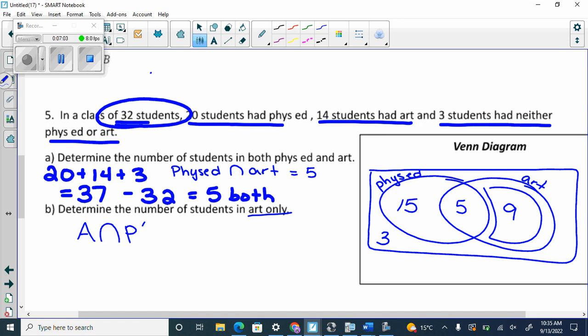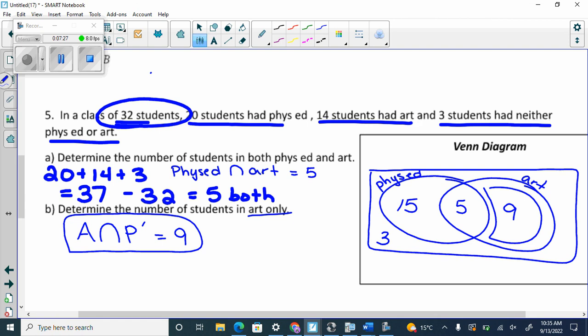You keep the letter you want, you knock the letter you don't want. So it's art, but not phys ed. The 'and' you can think of as 'but not'. Art, but not phys ed equals 9. So whenever you want a crescent moon shape, you keep the one that you have, so A, intersection, not the other one. All right?